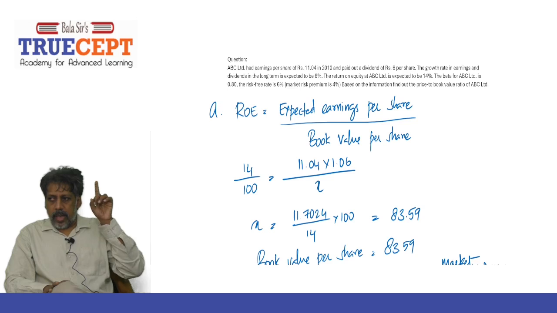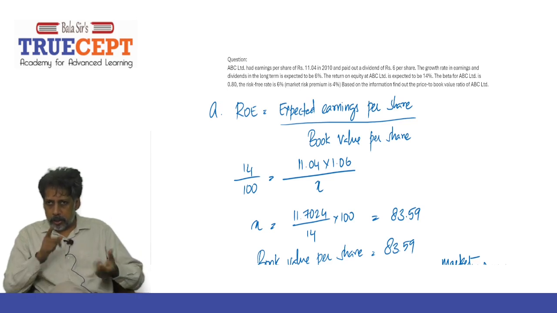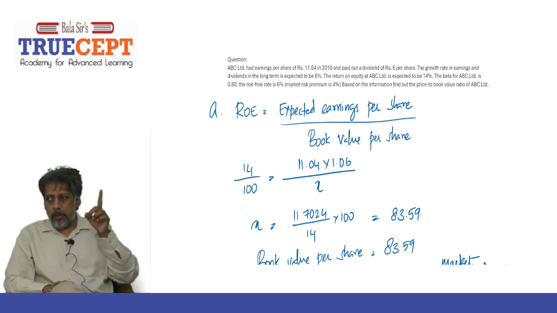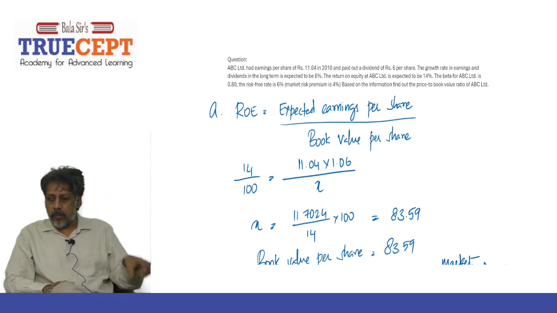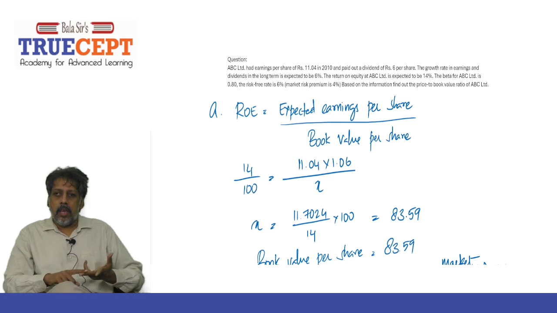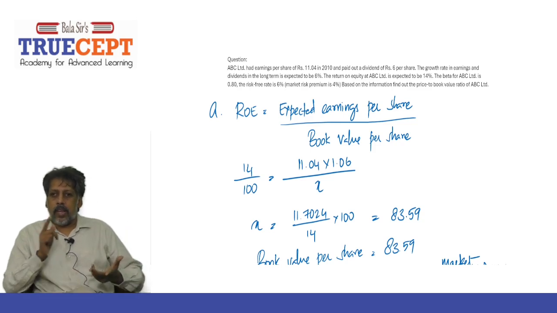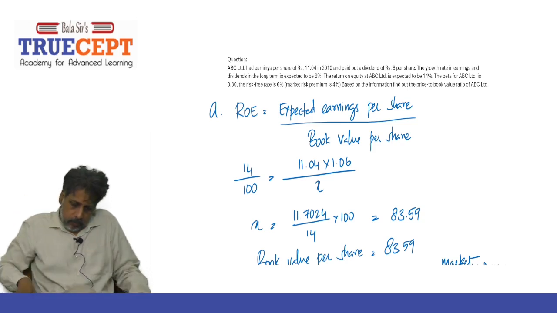Here, you can calculate the book value per share using the return on equity formula and also calculate the price per share using the Gordon's dividend growth model. And then you can calculate the price to book value ratio.